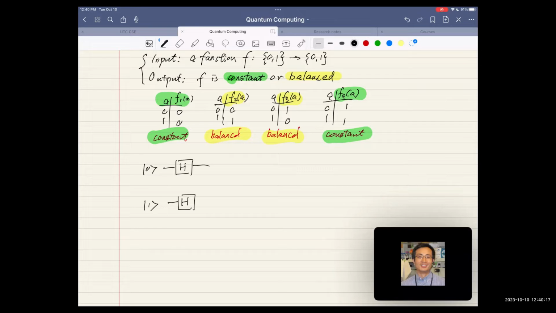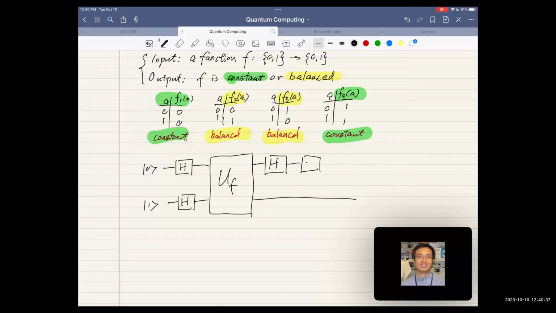And then it gives one quantum gate, which is the most important part of the Deutsch algorithm. And then apply another Hadamard gate. And then just the measurement. And then look at the outcome. If it's 0, f is constant. If it's 1, f is balanced.